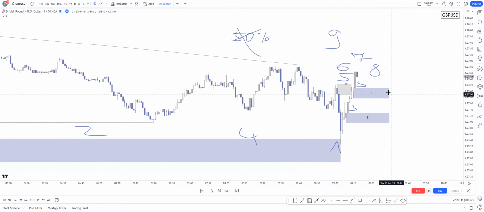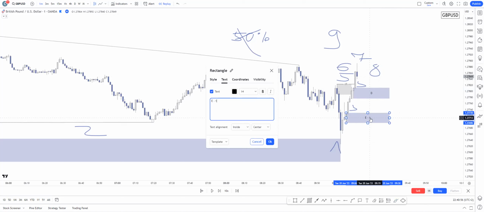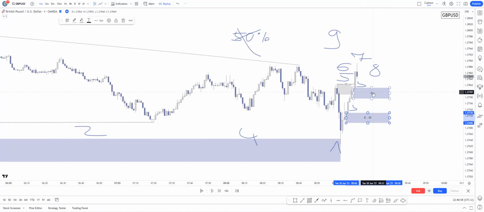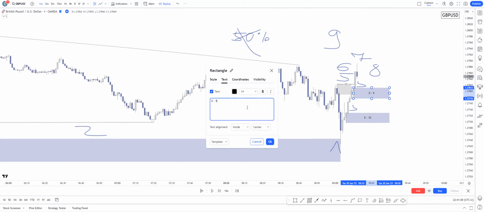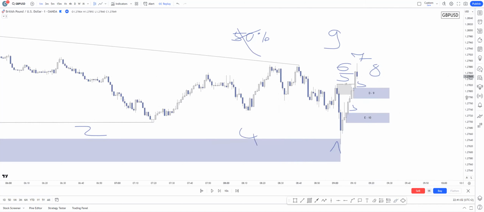So we have already 9 criteria for each zone, and technically we have combined liquidation for the extreme zone because the decisional will function as liquidity in itself for the extreme area. So technically we have 10 criteria for the extreme, and we have 9 criteria for the decisional zone.